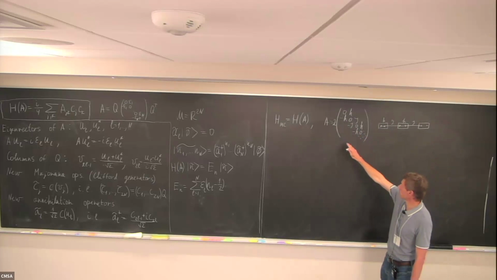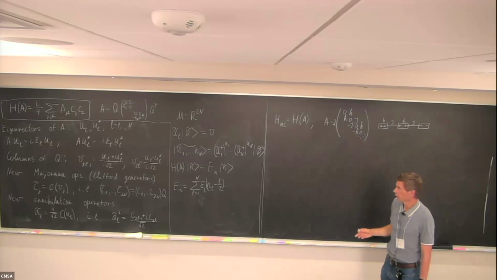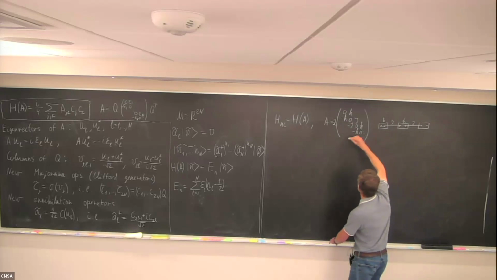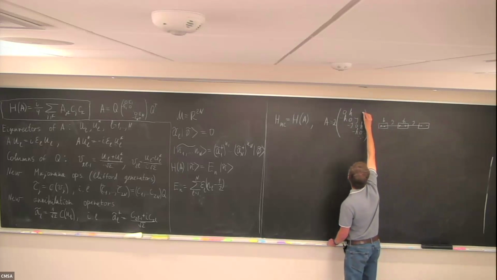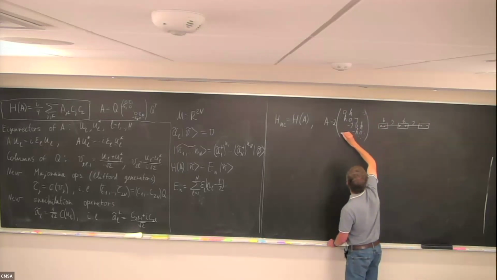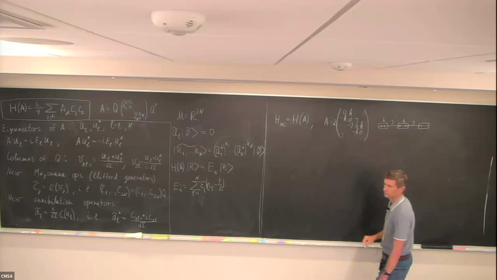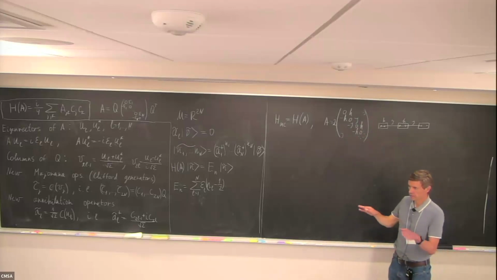Let me just say something about those eigenvalues and eigenvectors. If we simplify the problem a little bit by putting minus J and J in the corners, this means closing up the chain periodically.